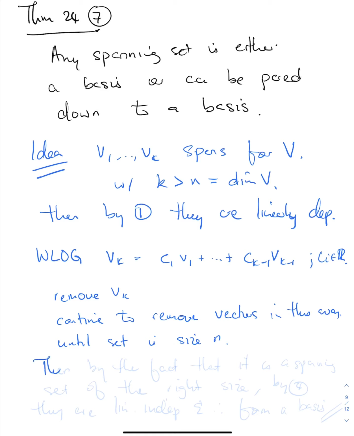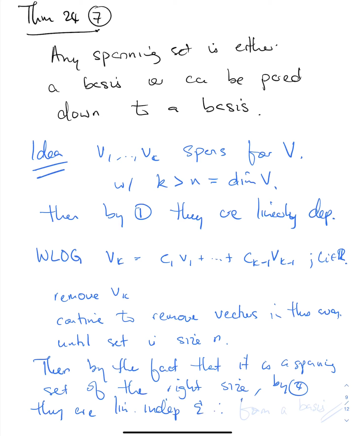Then, what do we have left? Then, by the fact that it is a spanning set of the right size, by 4, they are linearly independent, and therefore form a basis. That's the idea.